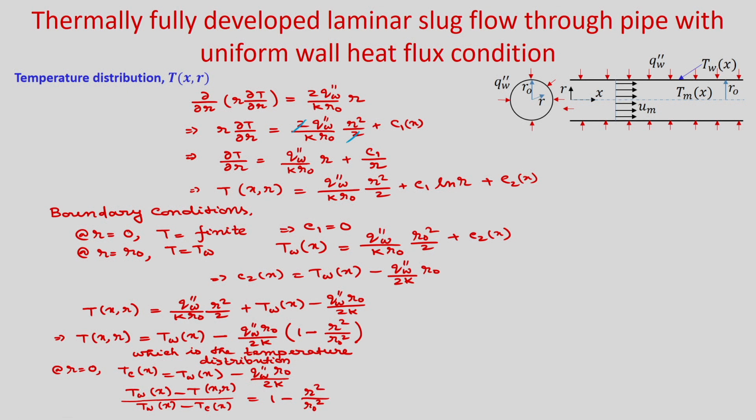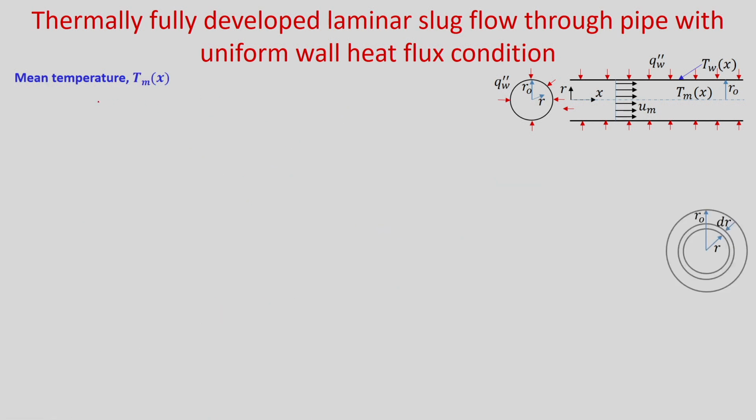Now next we need to find the mean temperature to find the heat transfer coefficient. So, you can write Tm as 1 by m dot integral over area of rho u T dA.